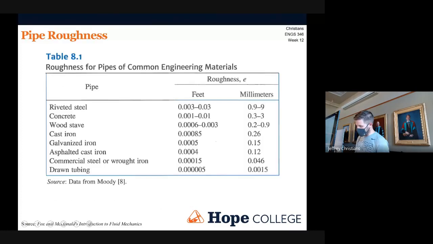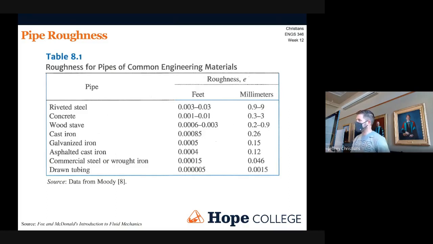The relative roughness, again, is data that you can find. Sometimes if you're purchasing something from a manufacturer, they might have relative roughness for that thing. Otherwise, there are common values for different materials. The book has some. You'll notice pipes generally are fairly smooth, because if they're not, there's a whole lot of friction. But different materials can actually have fairly different roughnesses, as you know from common sense.